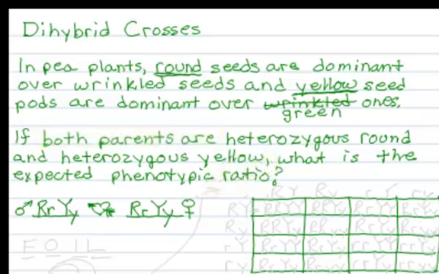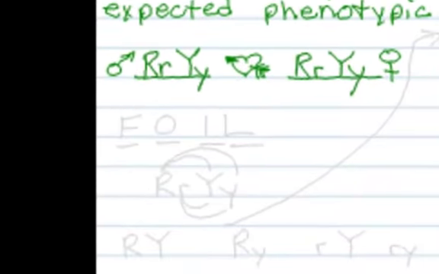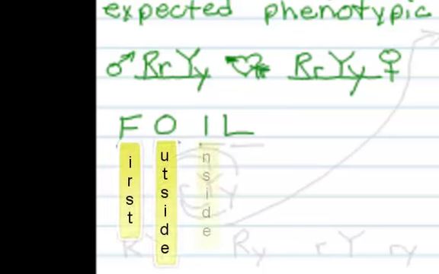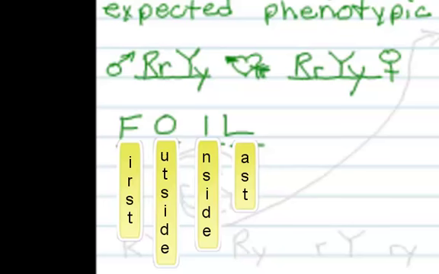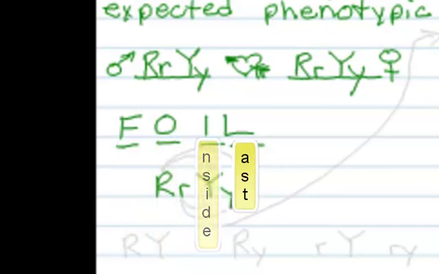And now we have to do the Punnett square. What we need to do for each parent is take their genotype, and figure out all of the possible gametes they could make. So remember from algebra, FOIL. First, outside, inside, last. So here's your big R, little r, big Y, little y.